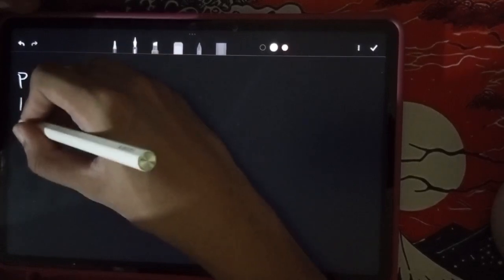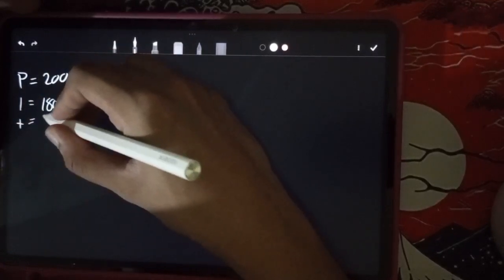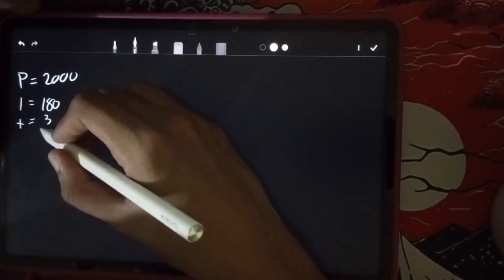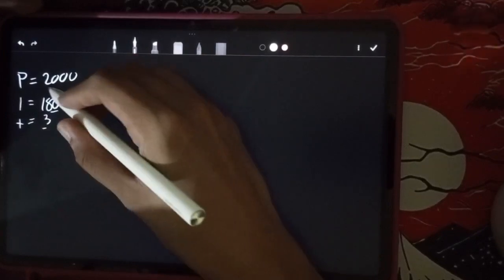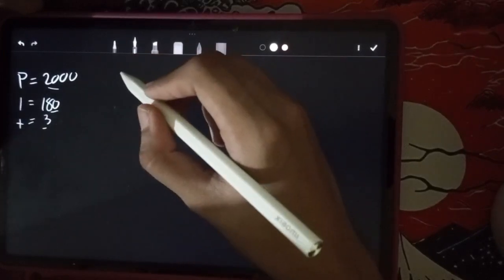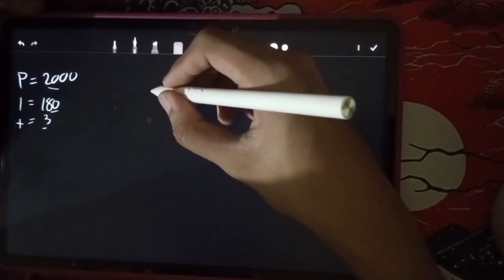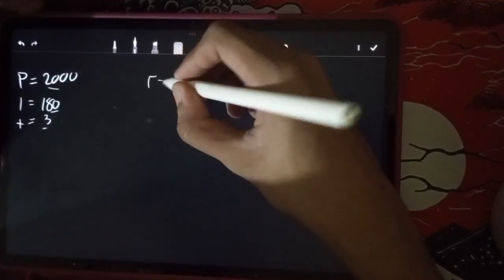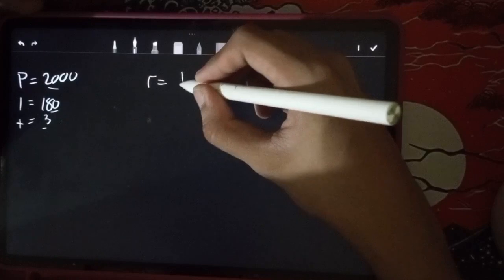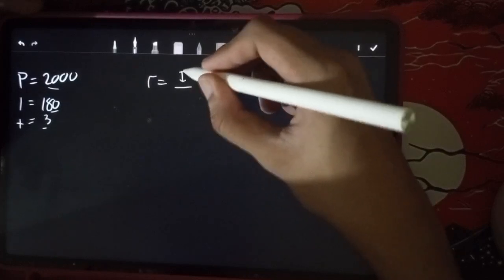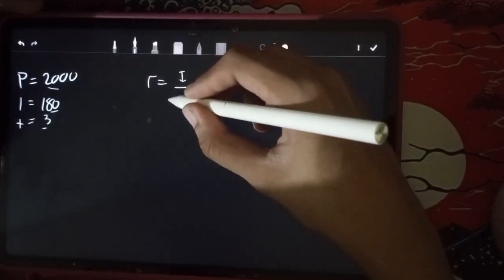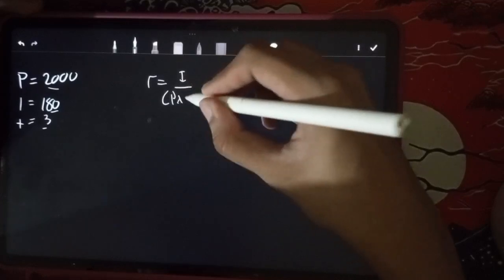For I it is 180, and T is 3 years. Now we put the solution, which is R, because we're finding the rate.